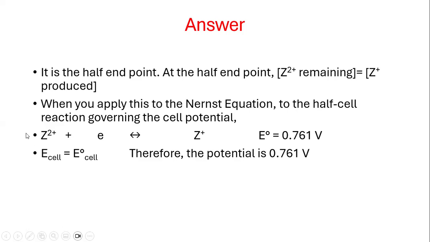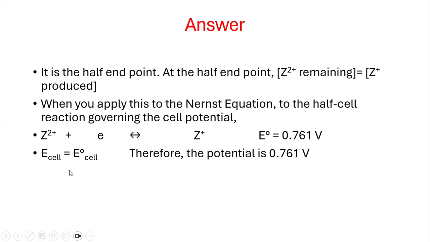E cell of the reaction is going to be equal to the E naught cell, which is going to be equal to the half cell potential of what you have in the flask.